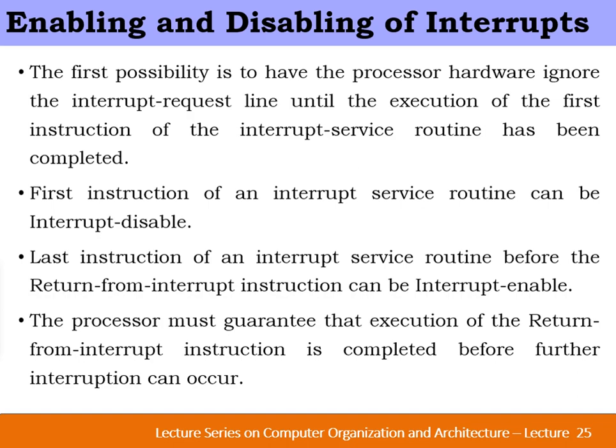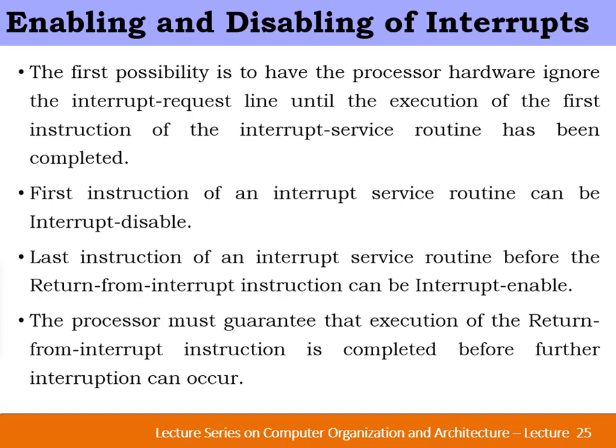So it has to resume its execution back to the main program or the previously running program. So the execution of the interrupt enable instruction must be done before executing the return instruction from the ISR. Once the interrupt enable instruction is executed, then the return instruction is executed so that it can return from the ISR and go back to the main program.